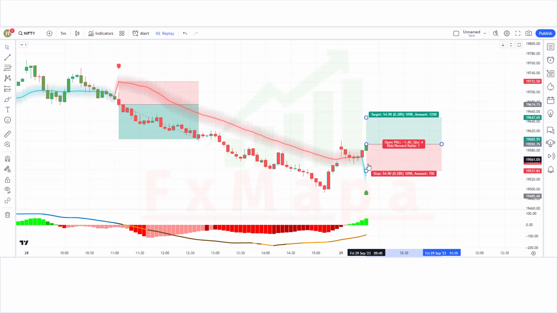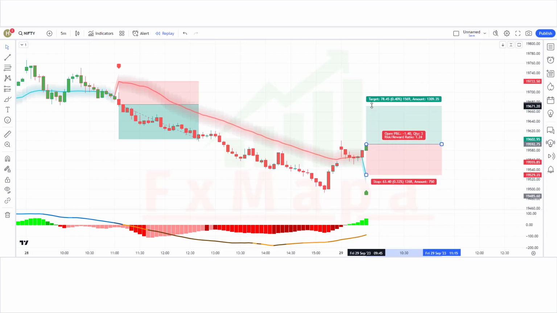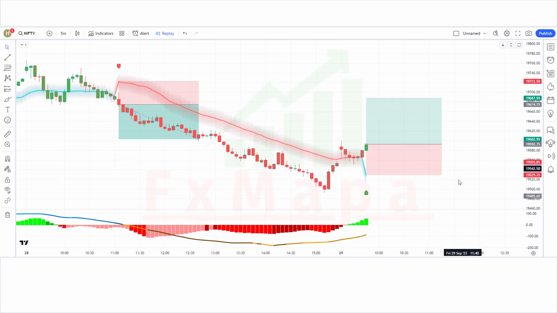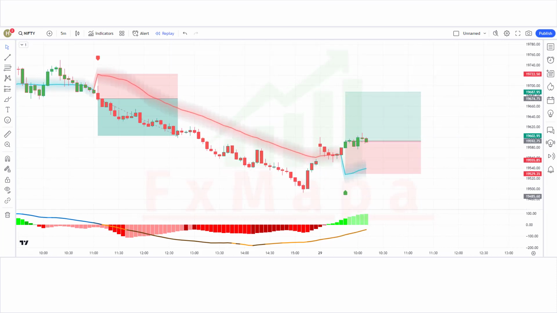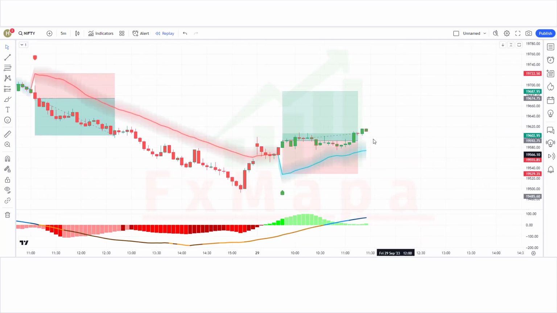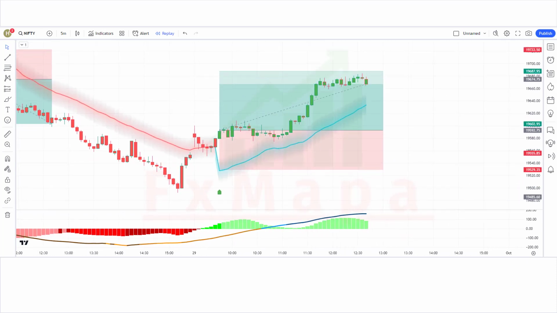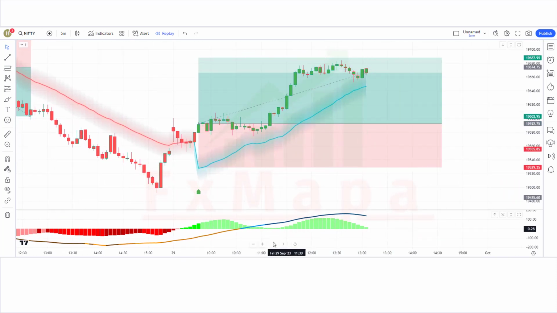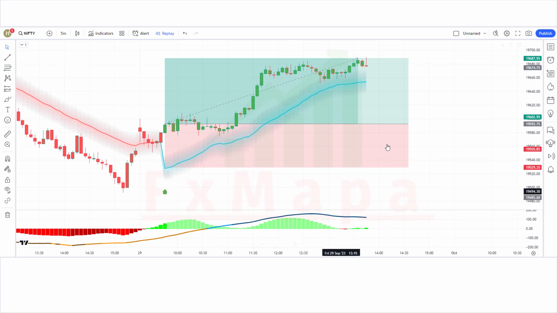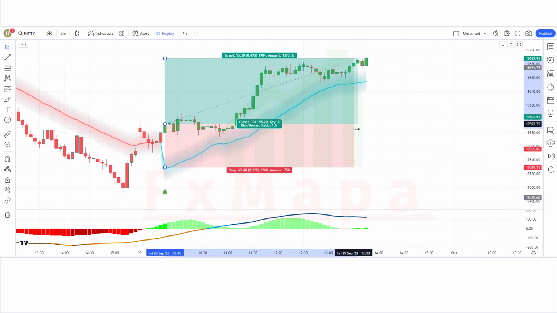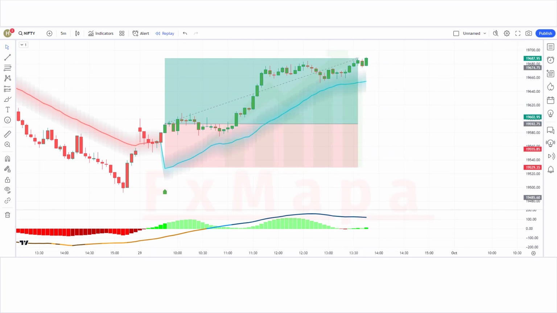Our stop loss will be placed at the green Trend Sniper line, and the risk to reward ratio will be 1:1.5. Let's see what happens to our trade. Our trade is running in profit. We have won the trade. Wait for the next signal.